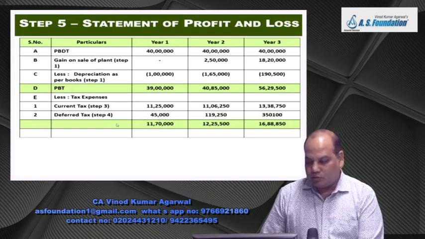So now write down total E, total tax expense. 11 lakh 70,000, 12,25,500, 16,88,850.